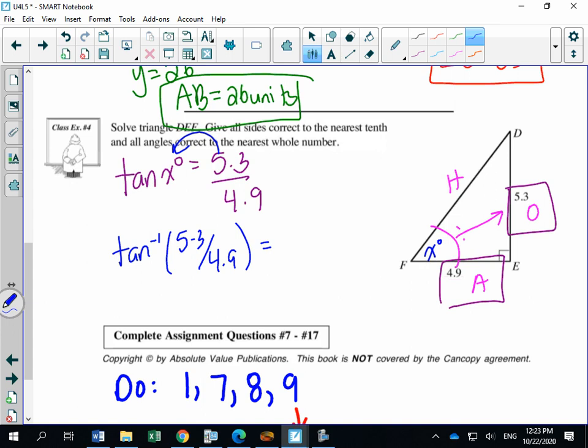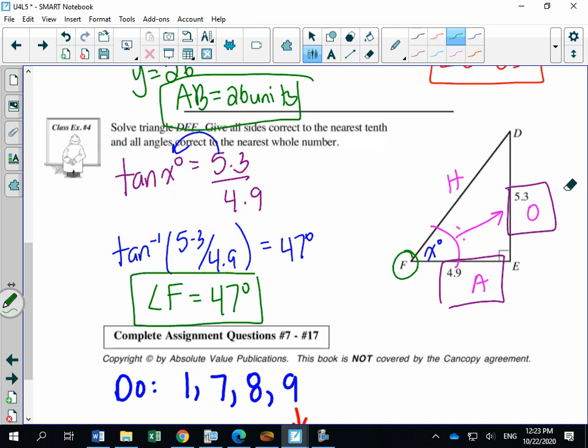Losan, what do you get for that guy? Say it one more time. 47. And then what I'm going to box in is not 47, but I'm going to call that the proper name, which is angle F is equal to 47 degrees.